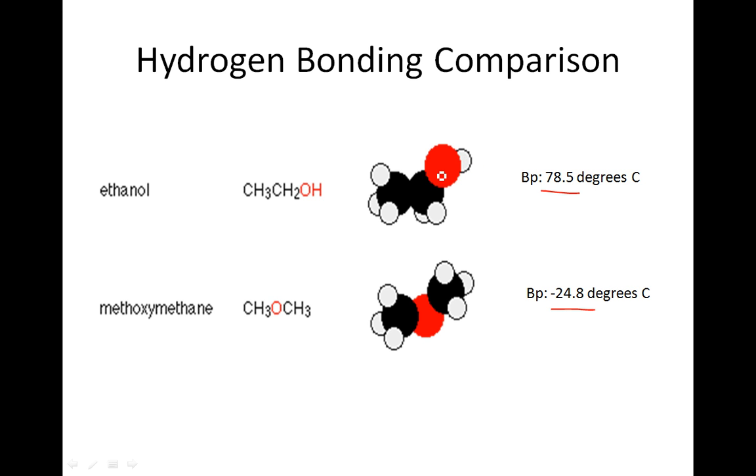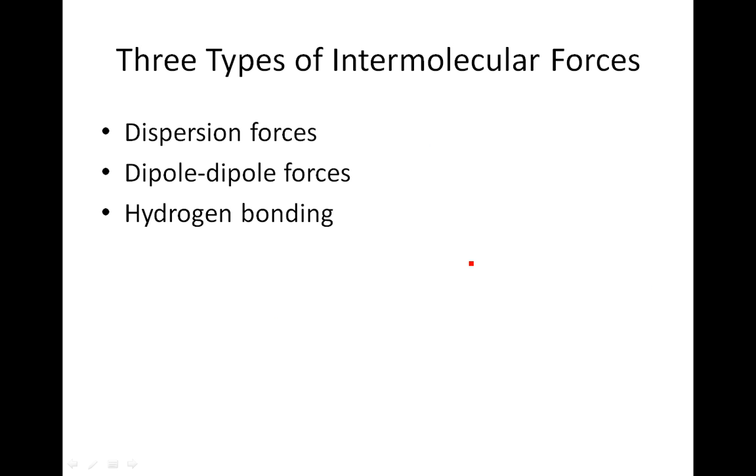The hydrogen here is bonded onto an oxygen, whereas here, all of the hydrogens are bonded onto carbons. So again, these are the 3 types of intermolecular forces that we're looking at: dispersion forces, dipole-dipole forces, and hydrogen bonding. And as far as which one is weakest compared to which one is strongest, this is the order in which they go: dispersion, dipole-dipole, and hydrogen bonding.